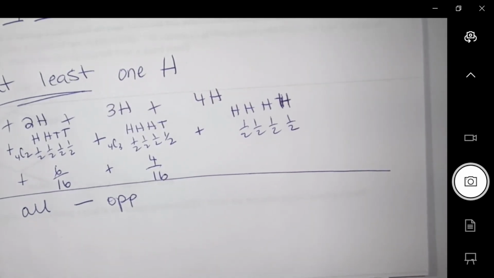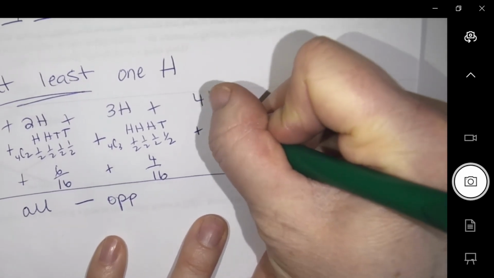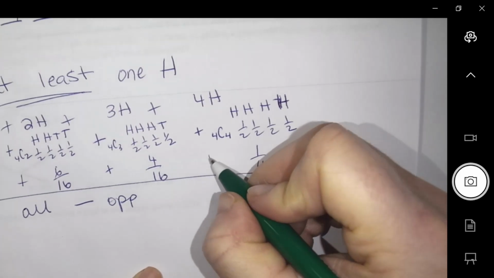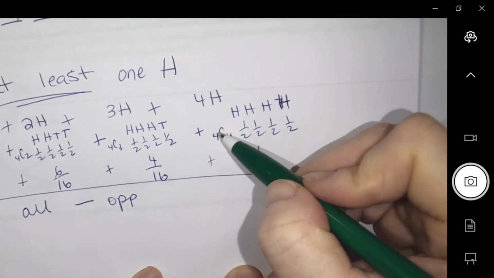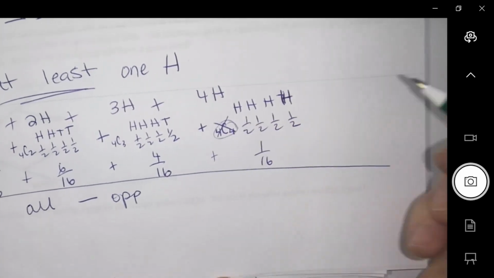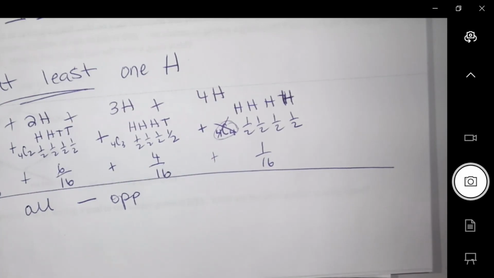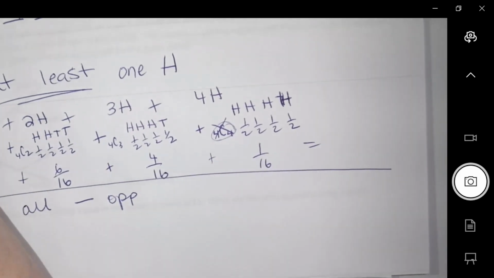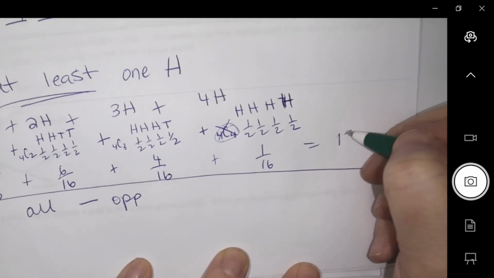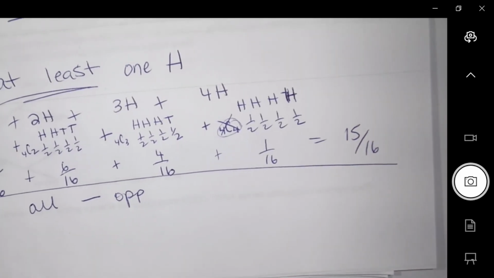And then 4 heads. So this is 1/16 because 4 choose 4, it's irrelevant because you can't change anything around there, right? They're all just heads. You can't change any location of them. So what do we get there? 4, 6, 4, 1, that's 15 out of 16.